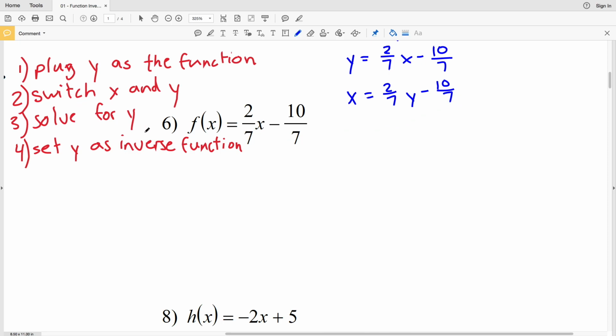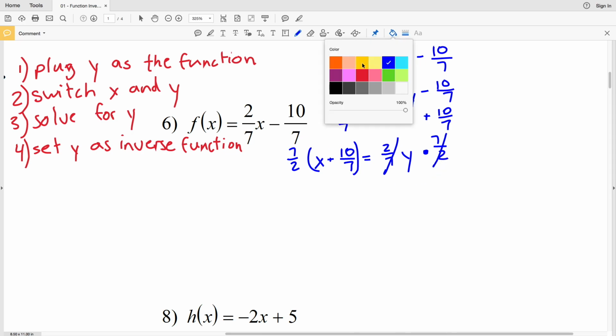Now for the hardest step, I'm going to be solving for y. So I'm going to add 10/7 to each side. So I'll have x plus 10/7 equal to 2/7 times y. And now, in order to isolate y, I'll multiply by 7 over 2 to both sides. 2/7 times 7 over 2 equals 1.